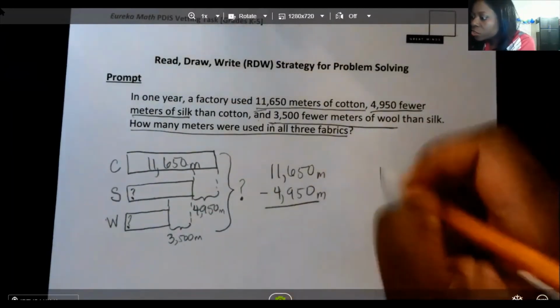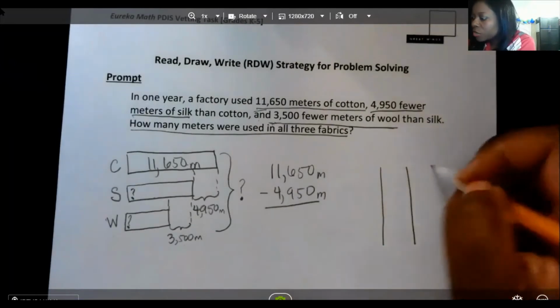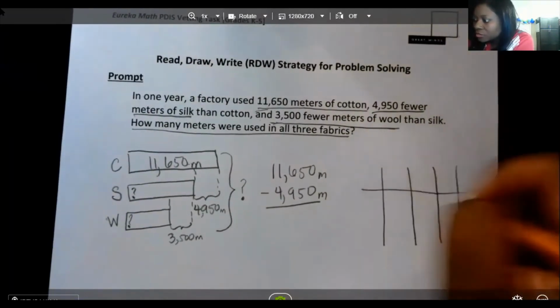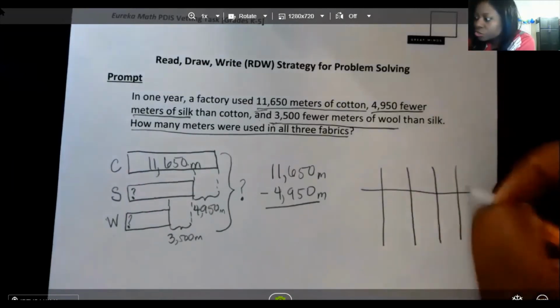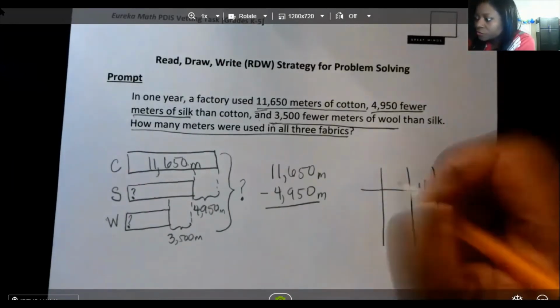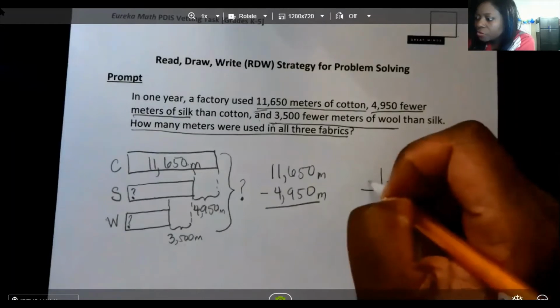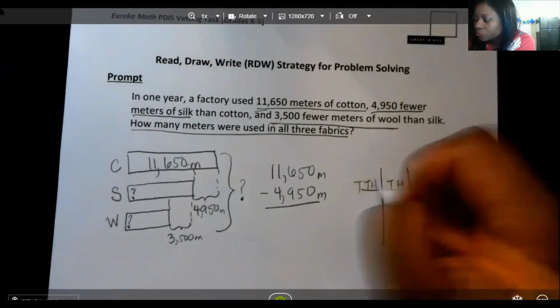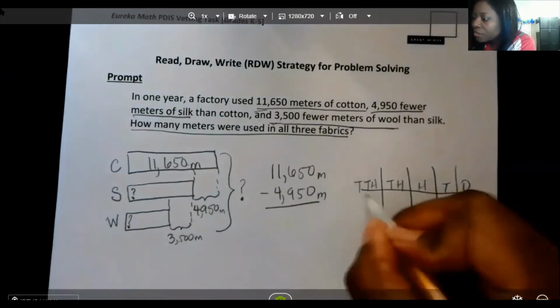Now, what I'm going to do, because this was another model that you all mentioned that could be used, so I'm going to use it too. And that was the place value model. So I'm going to use what we call the chip model. And I'm going to represent my 11,000.